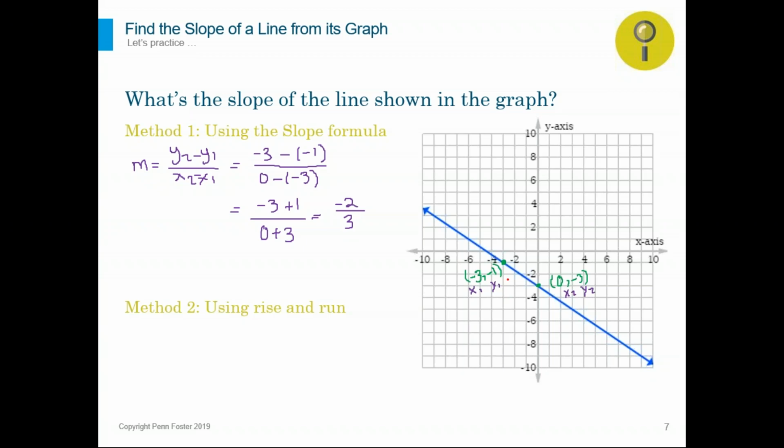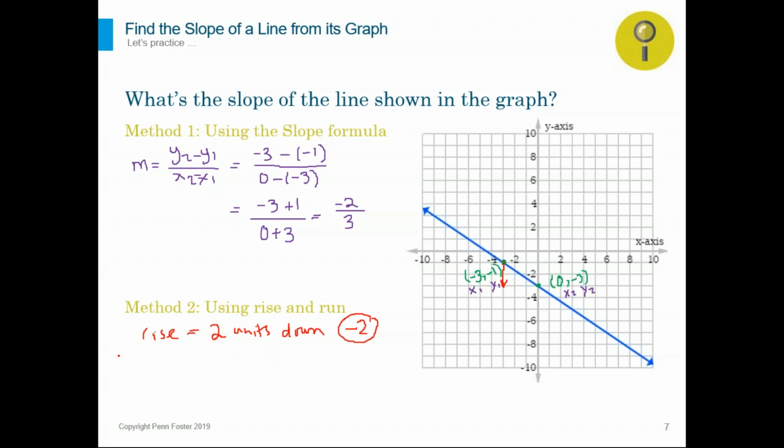So it takes 1, 2 units going down, that's the rise. So the rise is 2 units down. And since we are going down, our number for the rise is not a 2, it's a -2.